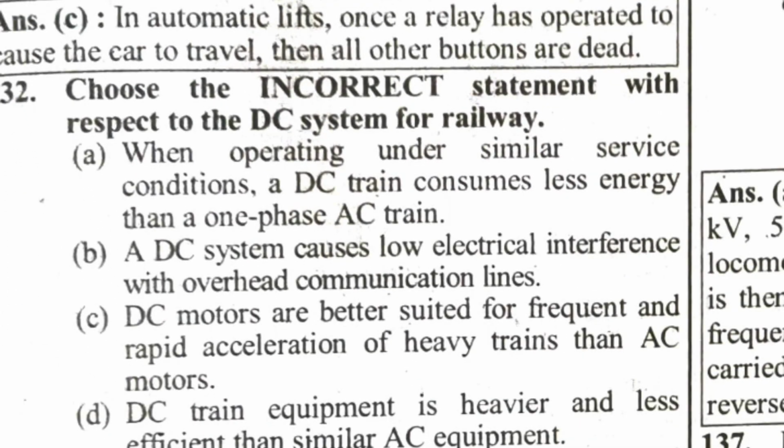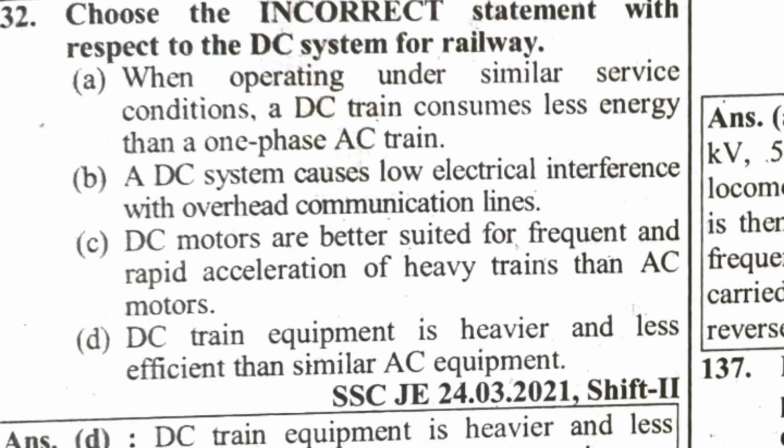Choose the incorrect statement with respect to DC system for railway. DC train equipment is heavier and less efficient than similar AC equipment. So this will be the incorrect choice. What is correct?